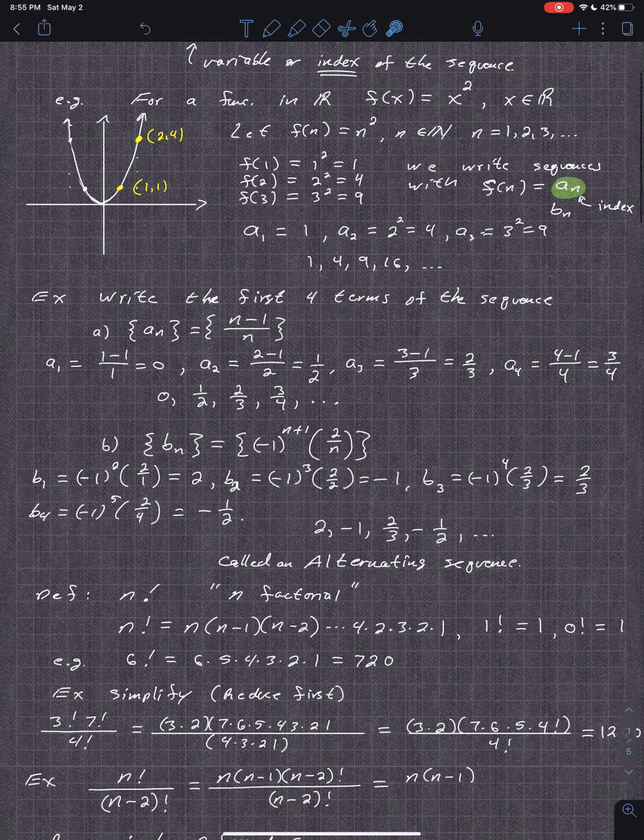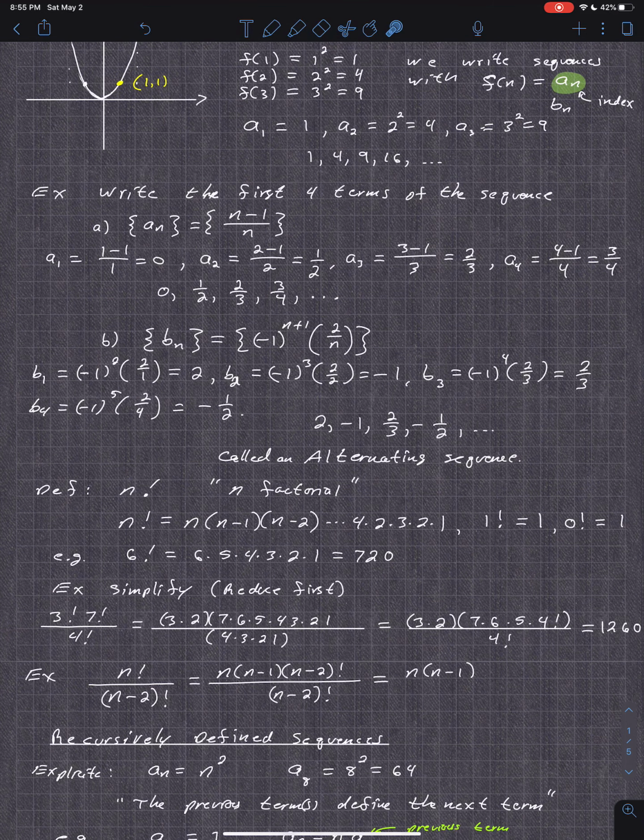Some other notation we'll look at looks like this. So let's look at this example. At any time, you may want to try these if you kind of know what's going on. But the first few things here, I'm just going to have it written up and talk about it as we go, so you will want to pause and write stuff down. Write the first 4 terms of the sequence.